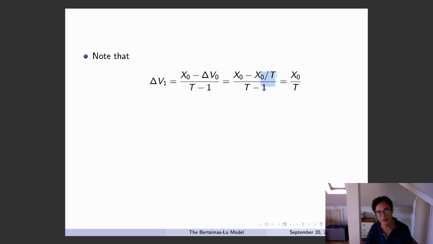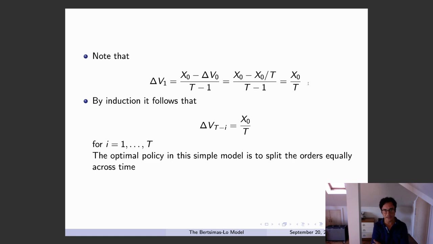That's the optimal thing to do at time 0. Rewrite things, and then at time 1, the optimal thing to execute is whatever you executed at time 0 as well. So if you go forward, it's always going to be the same. All we do is take the initial order, divide it by the number of intervals we need to execute, and we do a constant policy.